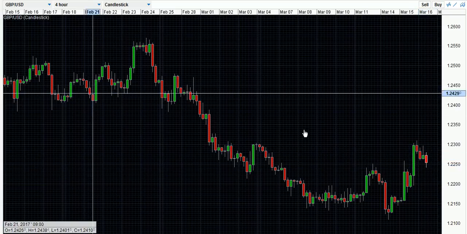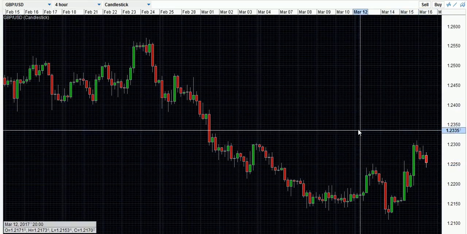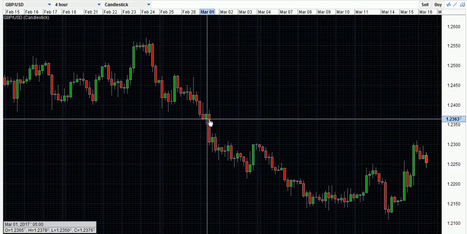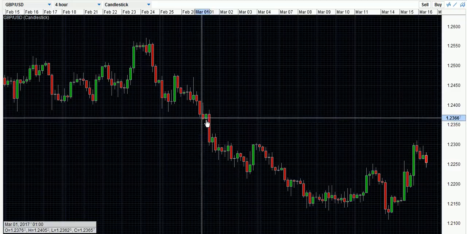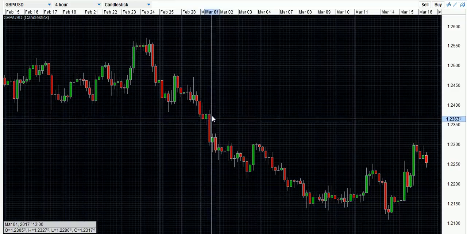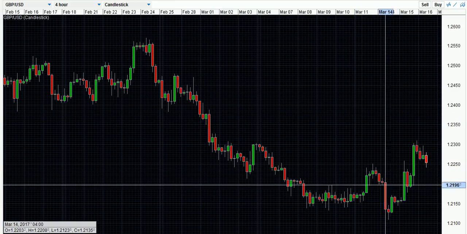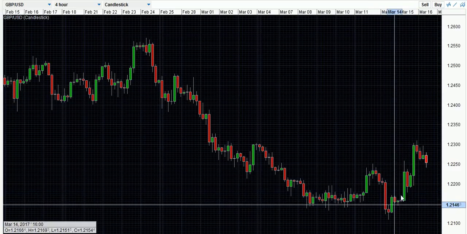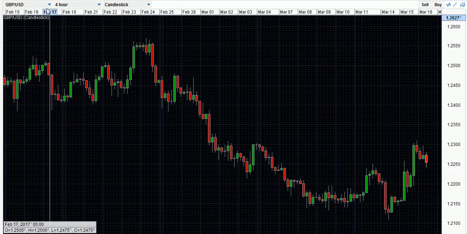So that's cable at this moment in time. There's no active trades. If we come back up to this level here at 1.2362, 1.2361, around that area, I'll be taking a short again, playing down the sell orders that are probably in this area. If we come back down to these levels here, I'll be taking a long just to pick up 10-15 pips, see what happens. So that's cable.